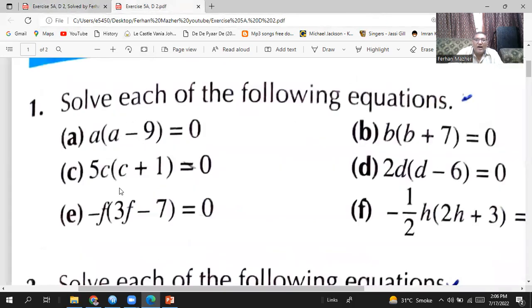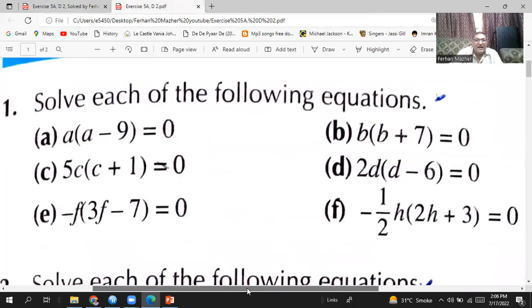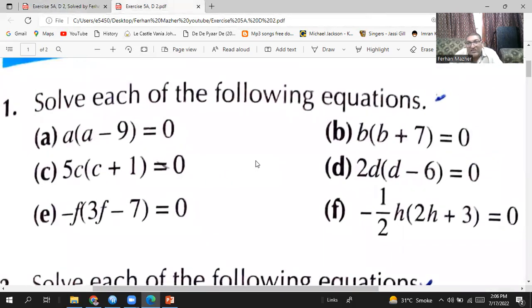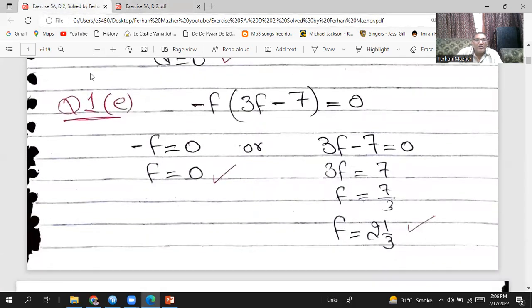Okay, question number 1, E part: minus f bracket 3f minus 7 bracket close equals 0. So minus f is 0 or 3f minus 7 is 0.